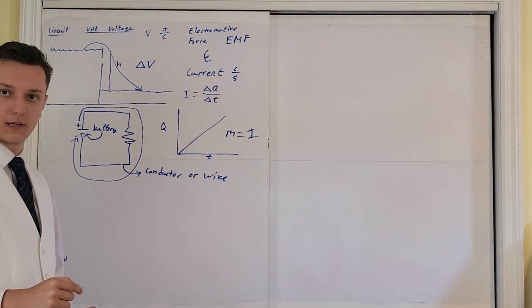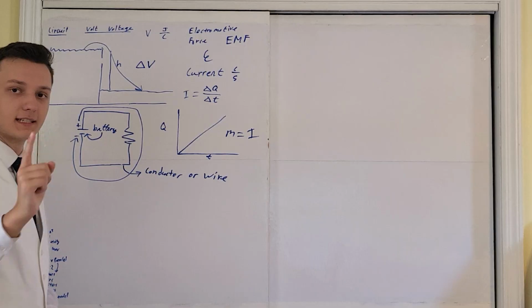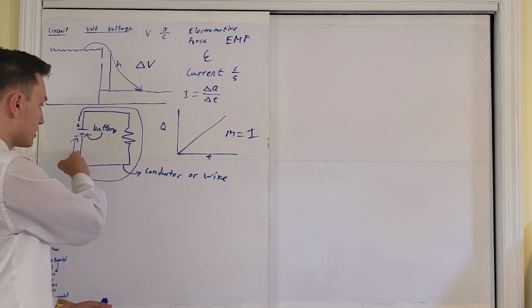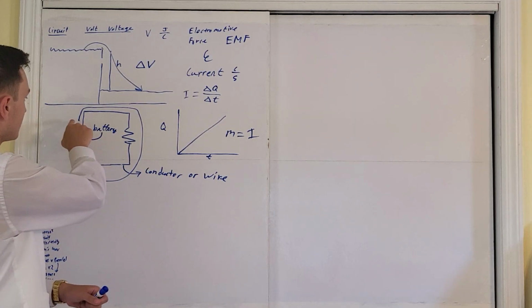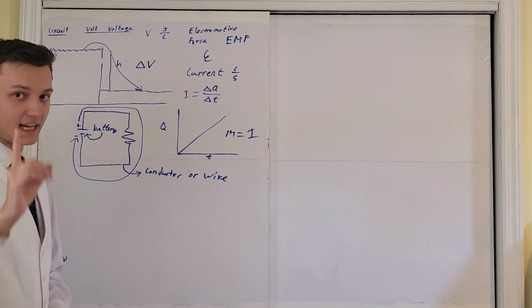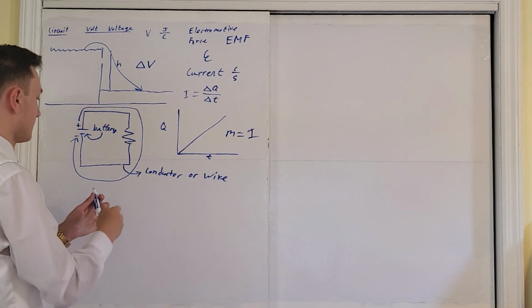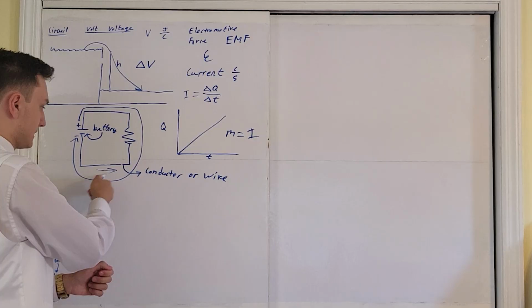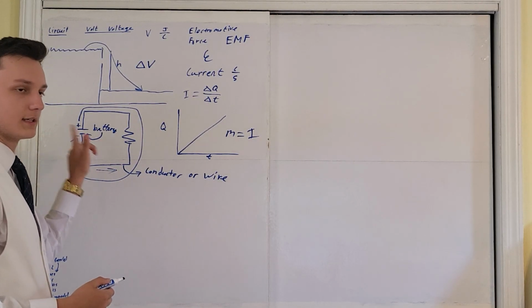Negative charge is moving. Positive charge moving in one direction is the exact same thing as negative charge moving in the opposite direction. So even though we are saying that current flows from positive to negative, that means that electrons, negative charges, flow from negative to positive. Electrons are flowing in the opposite direction in order to give us this positive current.